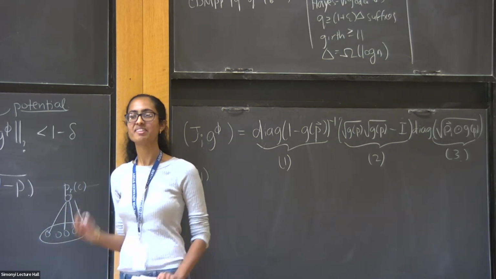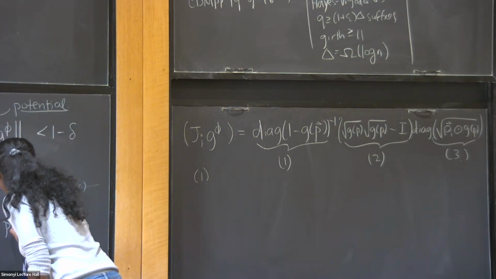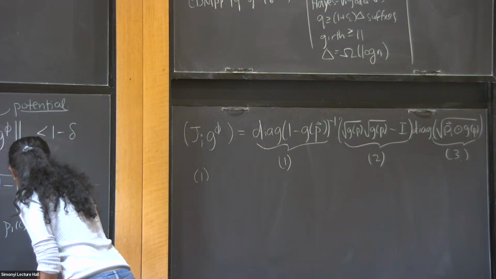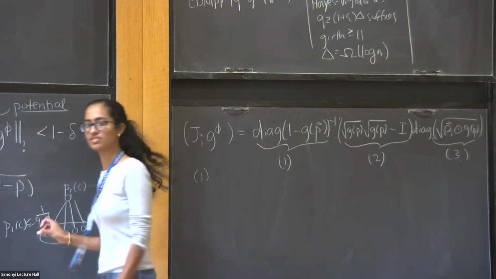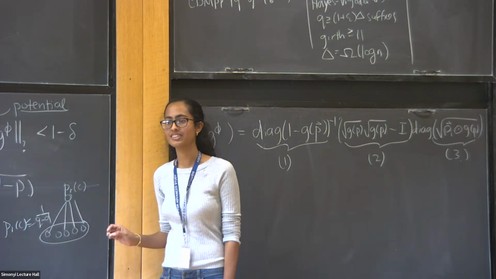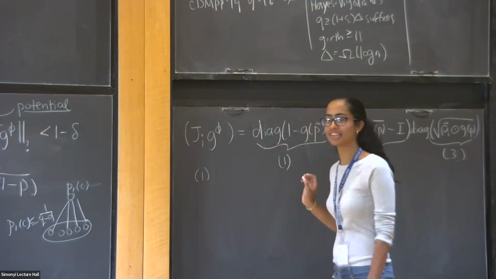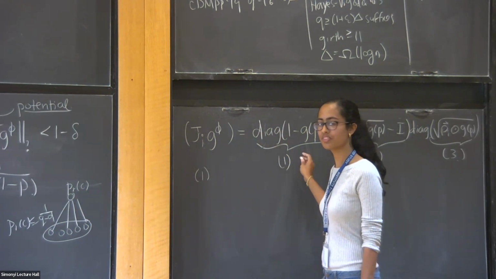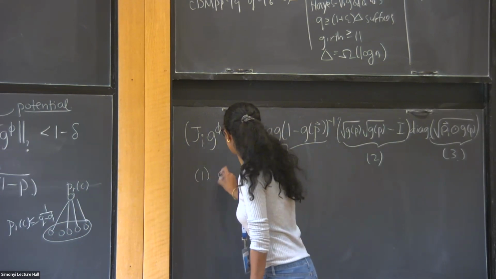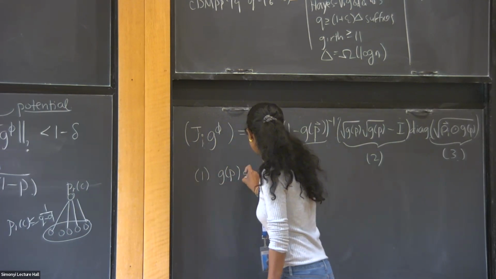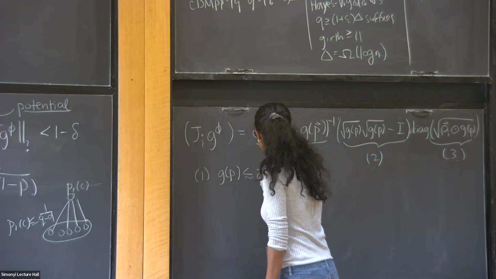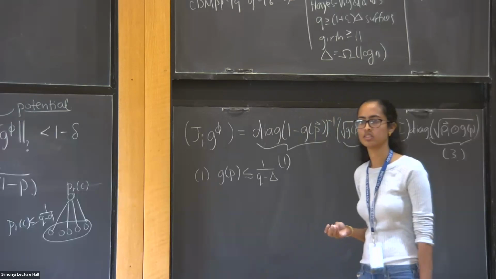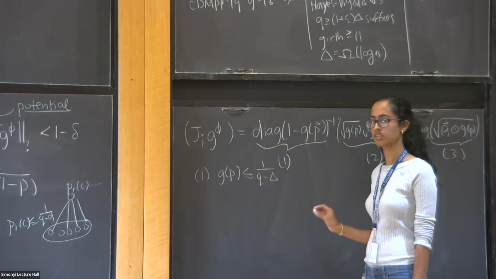So at least how many free colors I have is Q minus D. This is a very simple bound. And in fact, basically applying this simple bound is going to be enough for us to show that this is small, because this is going to be at most 1 over Q minus the maximum degree. So this will take care of this first term.